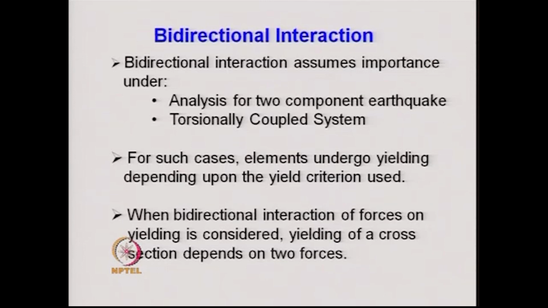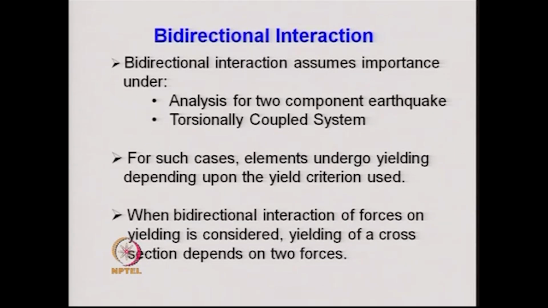For such cases, elements undergo yielding depending upon the yield criteria that is used. Whenever we have this kind of situation, that is yielding due to more than one force, we have a yield criterion, and one can adopt different kinds of yield criteria.